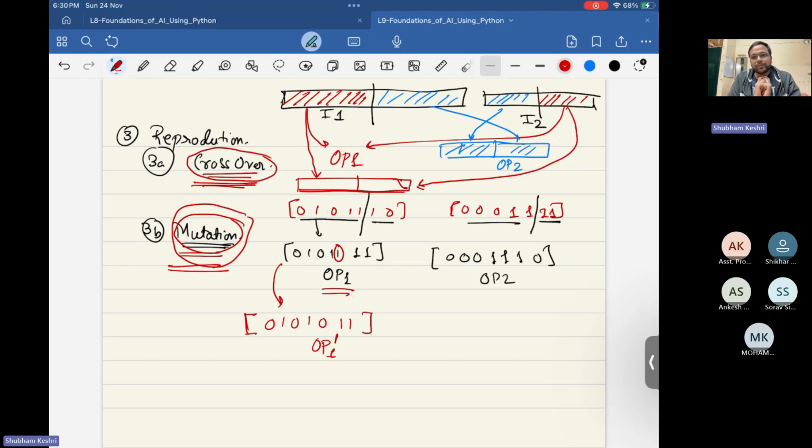But if you think about it, when we are doing crossover, you see big regions of one parent are staying constant, right? So it may happen that a region of that parent is a good region and the other region is a bad region. Suppose this is parent 1, for this parent this region was a good region and this region was a bad region. So what are we doing?